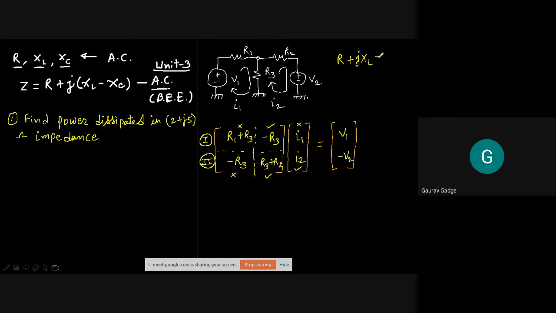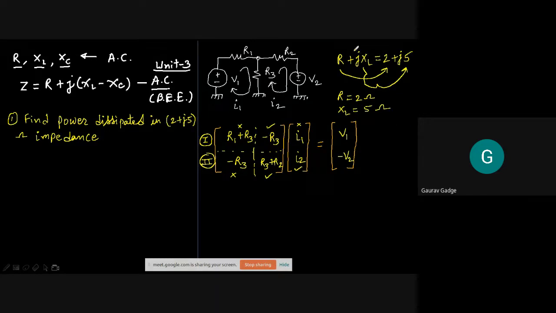What is 2 indicating? I think all of you know, yes, resistance. And XL is 5 ohms. So resistance is 2 ohms and XL is 5 ohms.